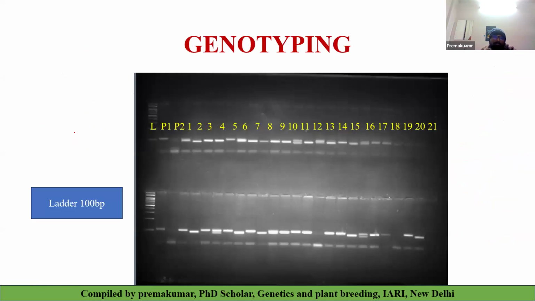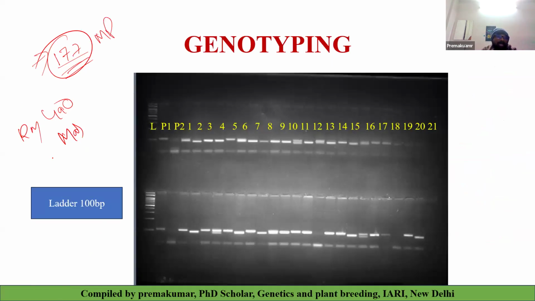See, for one marker, this is the RM490 marker, I have 177 F2-derived F3 population. I showed you the paper and we discussed. I have 177 mapping individuals and nearly 150 markers.